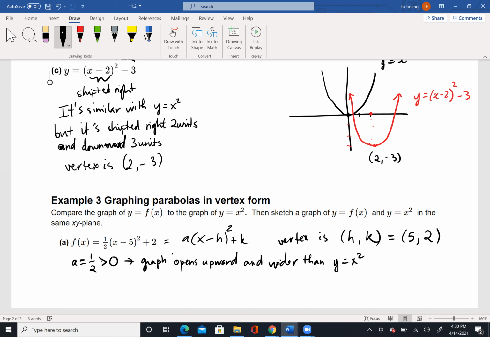Because you remember the a, the absolute value of a in here is less than 1, greater than 0.